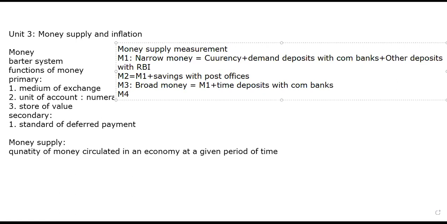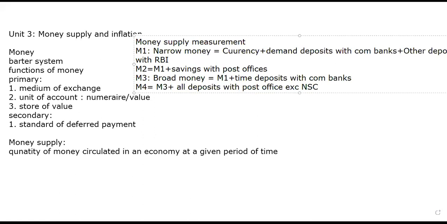M4 is equal to M3 plus all deposits with post offices, but this all deposits excludes national saving certificates. This money supply measurement was introduced by a task force that was constituted in the year 1977, and later this money supply measurement was revised in the year 1998 by the second Narasimham committee.